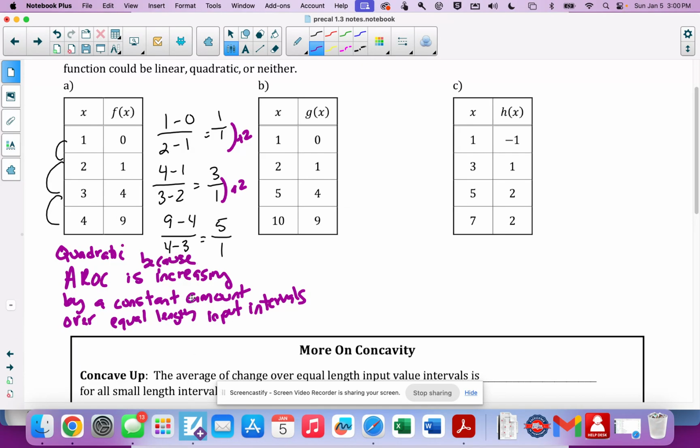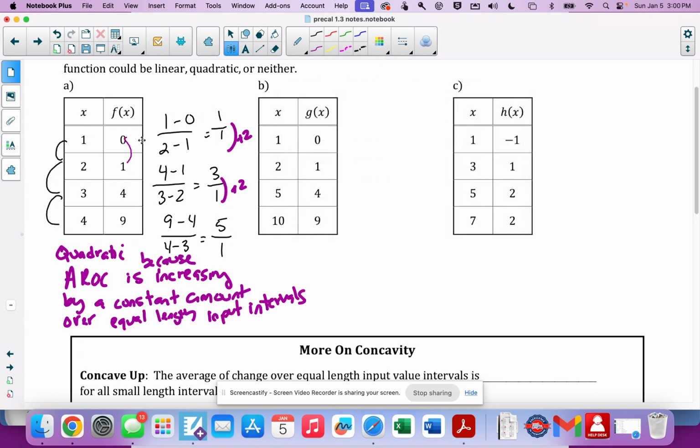Okay, so the other way to show that the function is quadratic, like I was saying before, take your first and then your second differences as long as your X values are those even intervals like you want them to be, right? There's an even amount or the same amount between each X value. Whether it's 1 or whether it's 2, like over here on this one, doesn't matter as long as they are all the same interval.